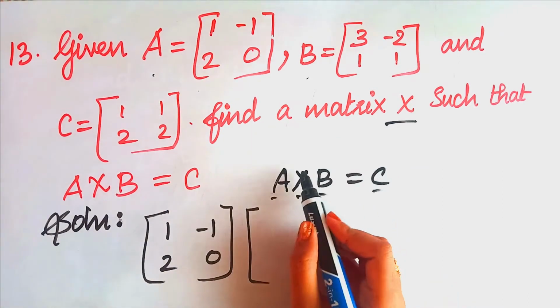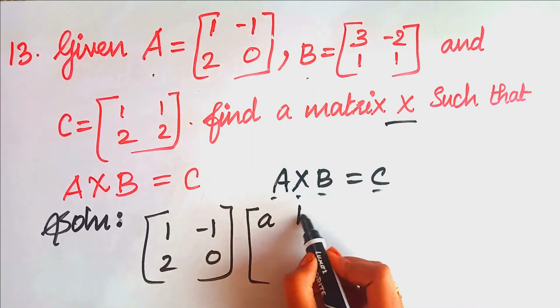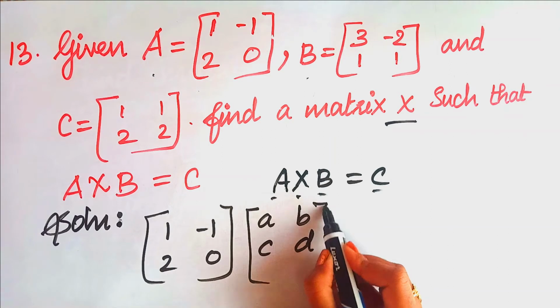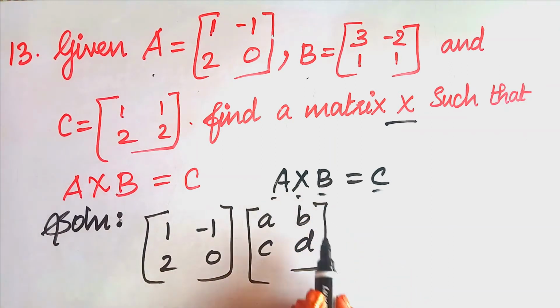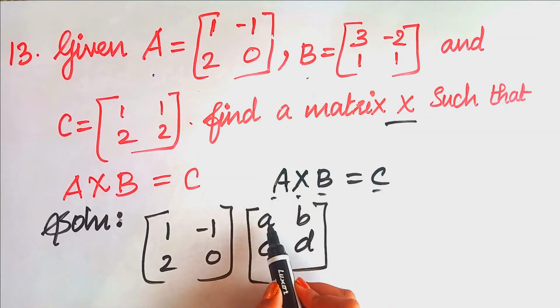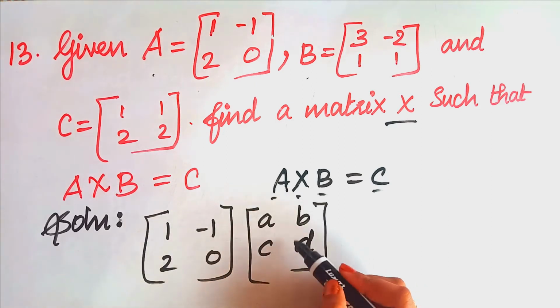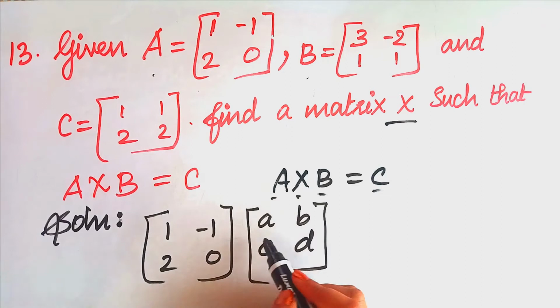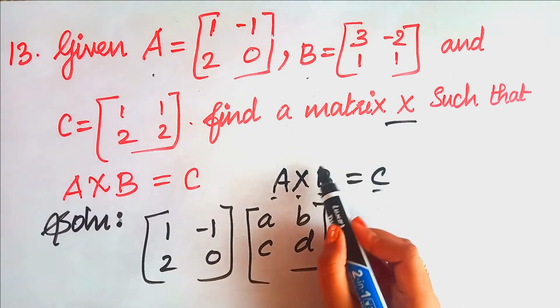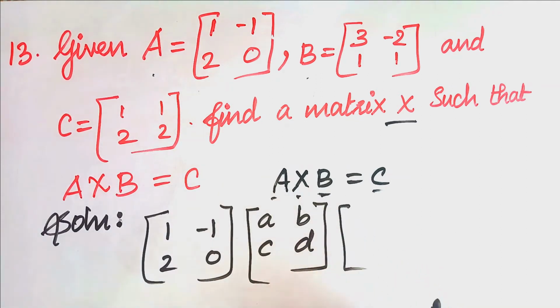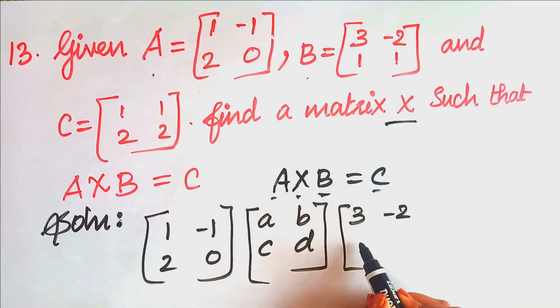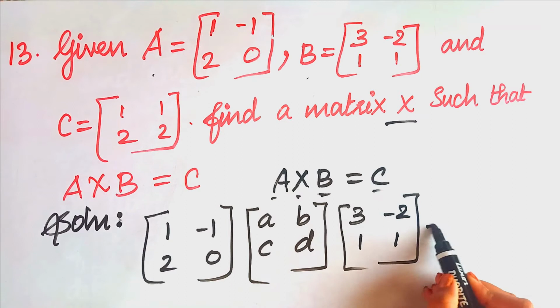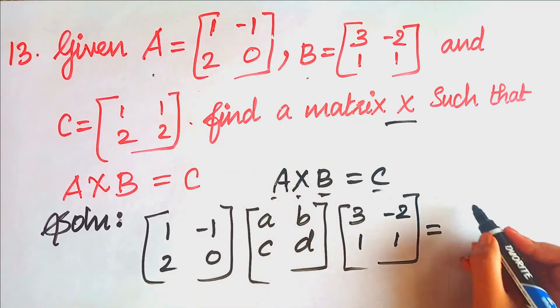But for this we can assume some values like a, b, c and d. So that if we find the value of a, we can substitute here, and similarly if we find the value of b, c, d, we can substitute in the respective places, right? After this we have to substitute the value of B here. So B is 3 minus 2 1 and 1, which is equal to C. So what is C?